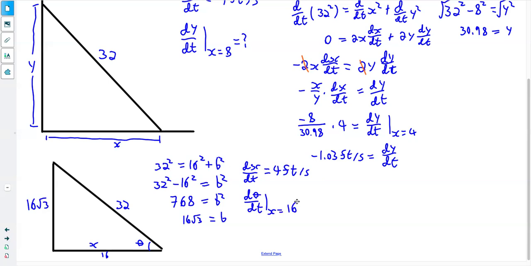So what we want to do is utilize a trig function that involves the side that we're given and that has a rate of change. So that means we want to utilize this side here. Now, because we know this side is also changing, I would utilize this side. So if we're using this side and this side, that's our adjacent and our hypotenuse.